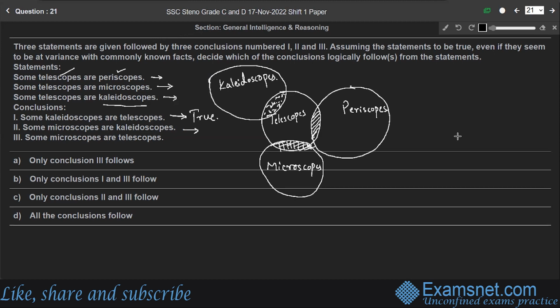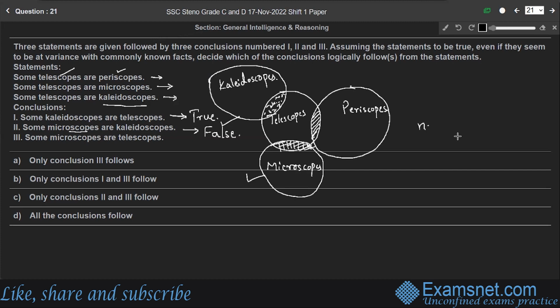Second conclusion, some microscopes are kaleidoscopes. So here is set of microscopes, set of kaleidoscopes is here. There is no relation between microscopes and kaleidoscopes according to the given statements. Therefore, any portion of the microscope is not a kaleidoscope. Therefore, second conclusion is false.